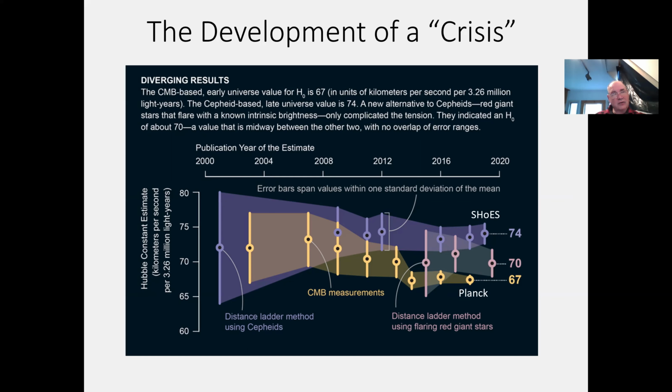Now look at the yellow. Look as the yellow moves on. The yellow is not only shrinking down, moving away from the 72, 73, 74, but the error bands are shrinking down. Finally, where we have the Planck data, we're down here at 67 with very, very tight error bands.